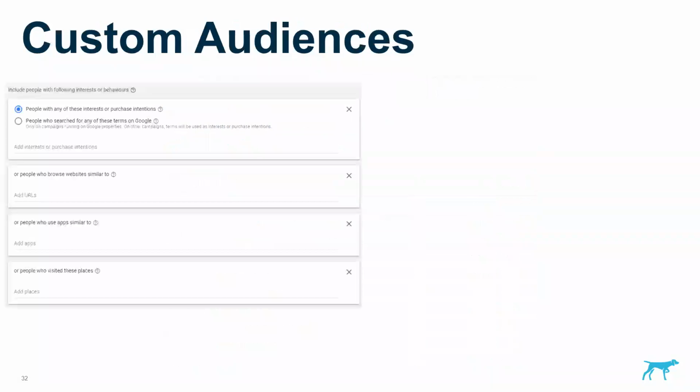Something a bit more recent that's also extremely powerful for GDN is the introduction of custom audiences. All the in-market audiences and things I've mentioned so far have been built by Google. They've categorized them, seen what buckets they wanted to create, or what buckets seemed logical to create based on behavior.